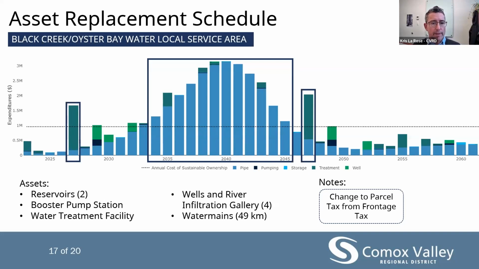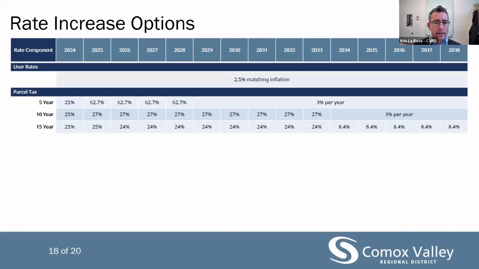So with that in mind, here are the anticipated rate increases to the two key fee components, user rates and parcel taxes, which are currently called frontage taxes for this service area, but are anticipated to be converted to a parcel tax in 2024. So for user rates, there will be a 2.5% increase to match inflation for the foreseeable future, and that part's fairly straightforward.